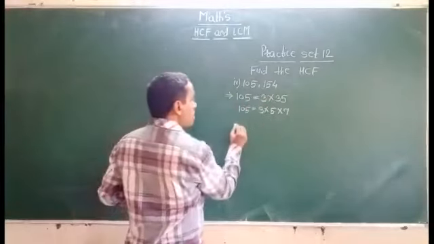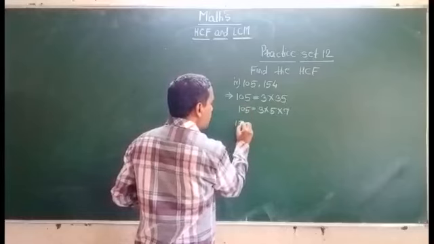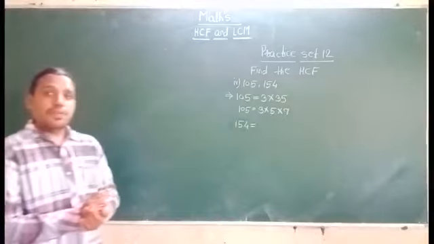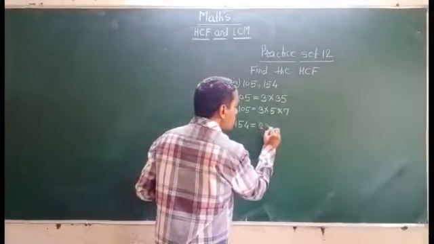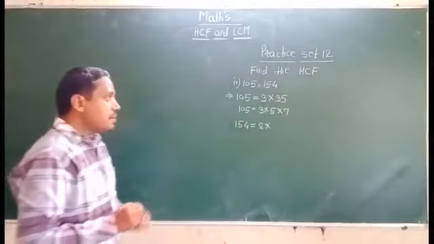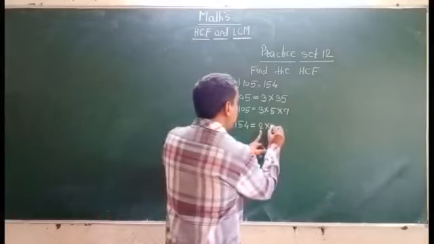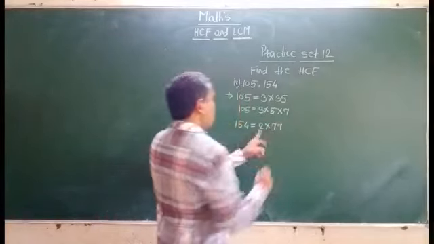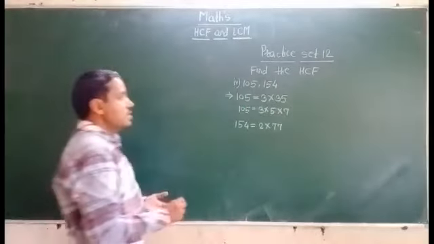Then the prime factorization of 154. 154 is divided first by 2. When we divide 154 by 2, we get the answer 77.